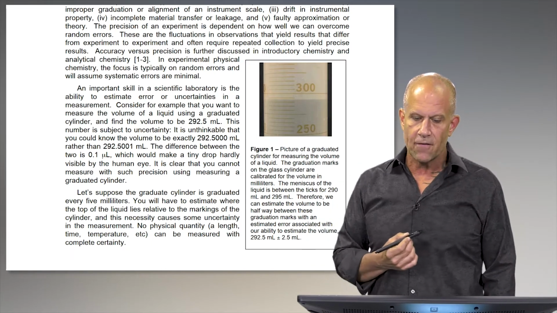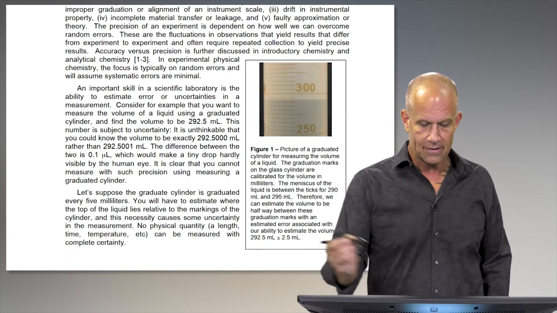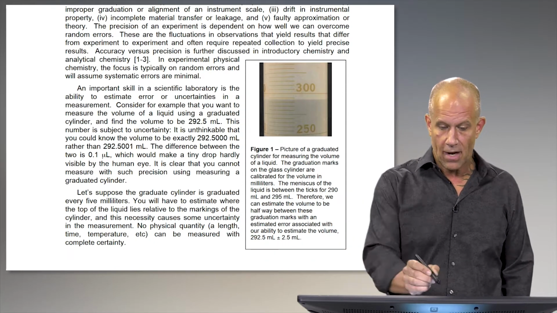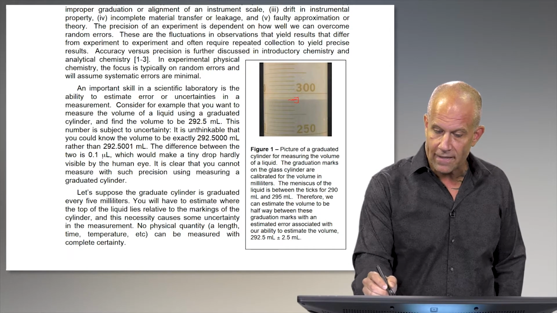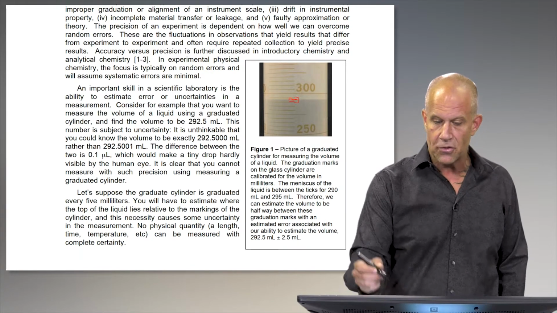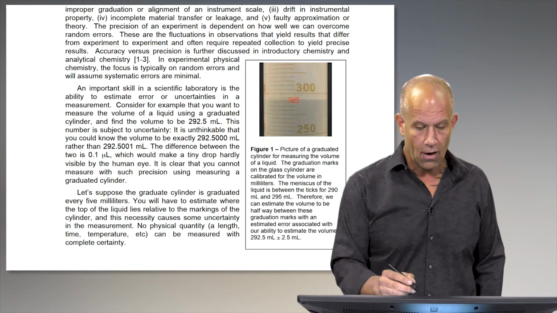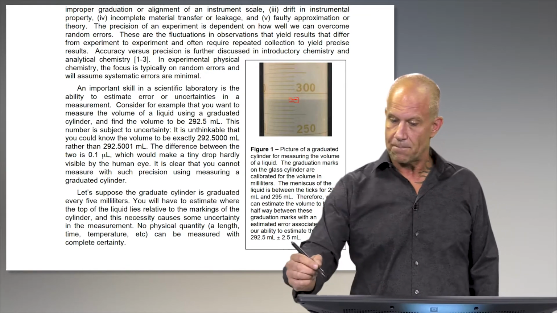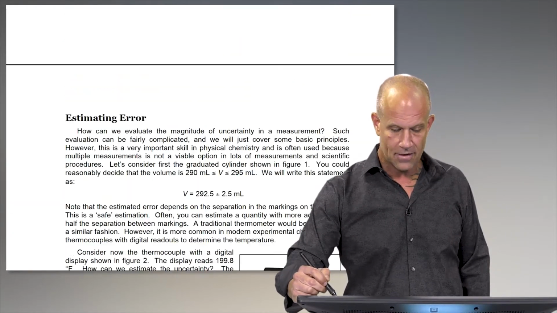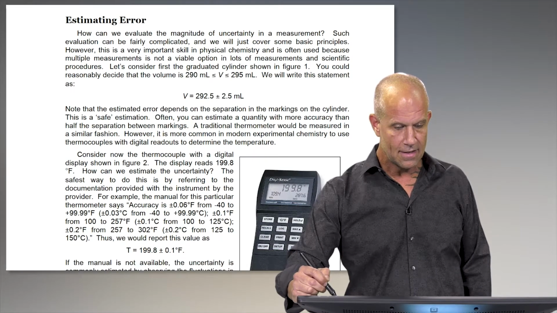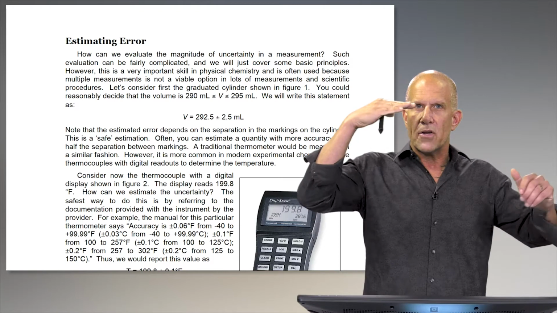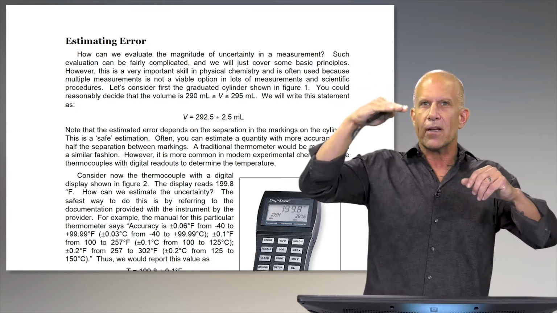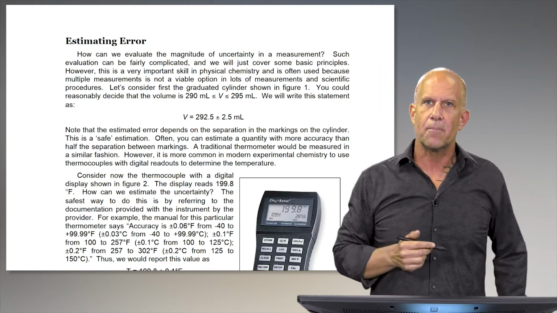You would be able to say the volume is plus or minus a specific amount, based on how accurately you can look between two ticks and tell where you are. That's a very classic one. The other one is where you have a measurement and you can estimate the plus or minus.